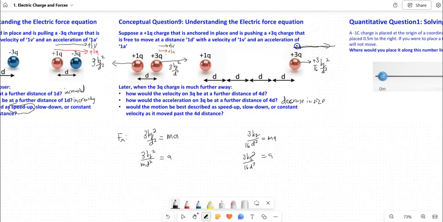So let's say this is the original size of your 1v, but out here, you're still adding velocity to it. Even though your acceleration vector, let's say, is this big, and now it's 1/16 the size, so this would be 1/16 a, you're still speeding up. You're still getting pushed. So the velocity on this would be increasing in size.